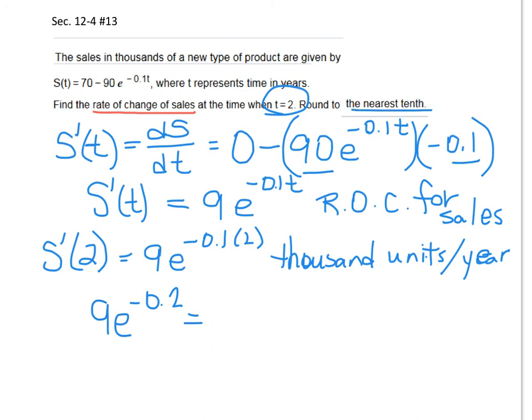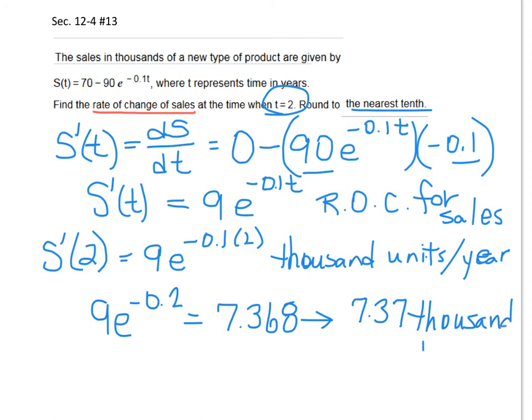So that's going to be, what I have on my calculator is 7.368, which means that it is going to be 7.37 thousand units per year.